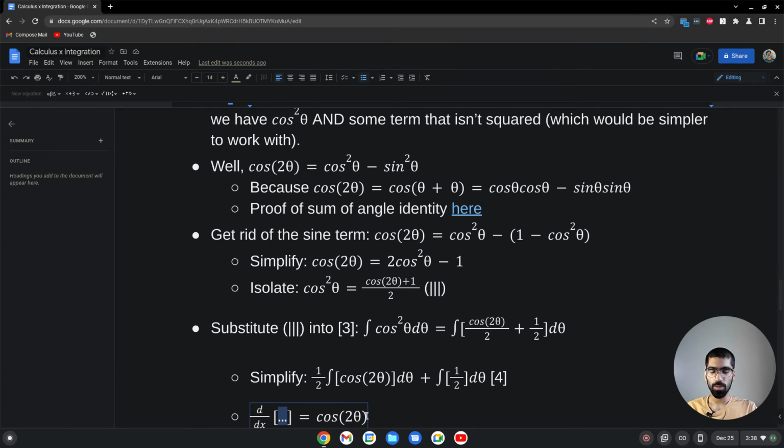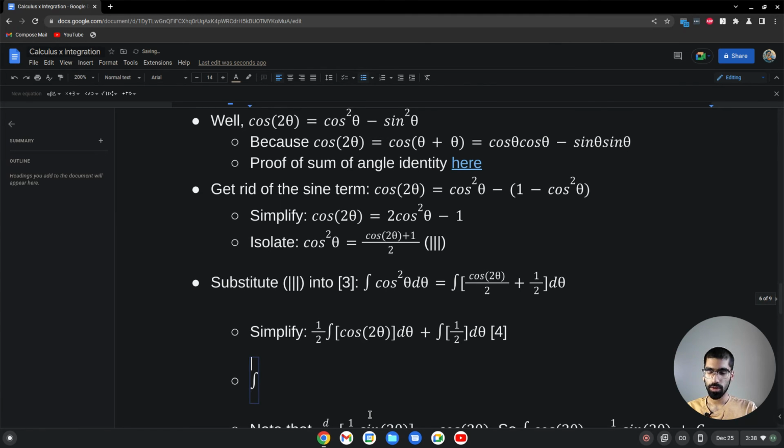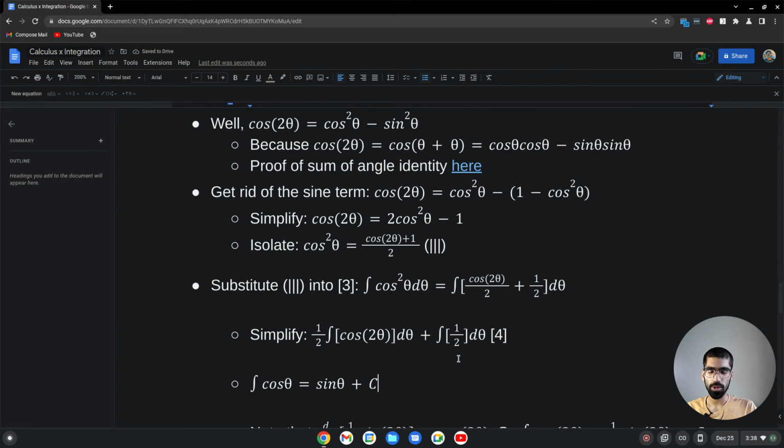Here's a simple example. I assume you know that the integral of cos theta, just cos theta alone, is sine theta plus c for some constant c, some real number c.